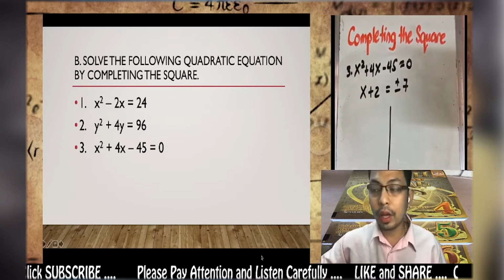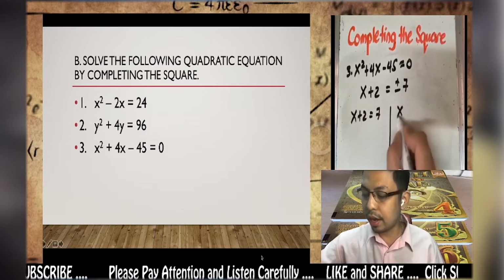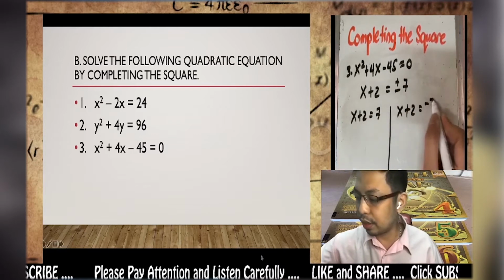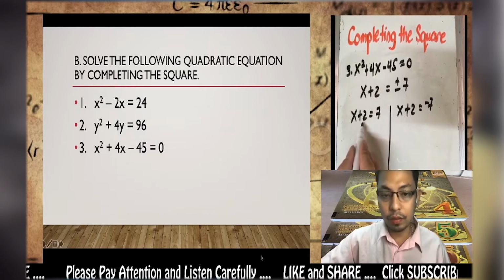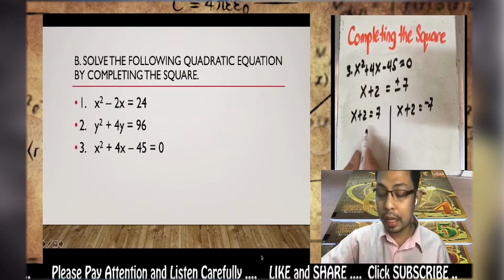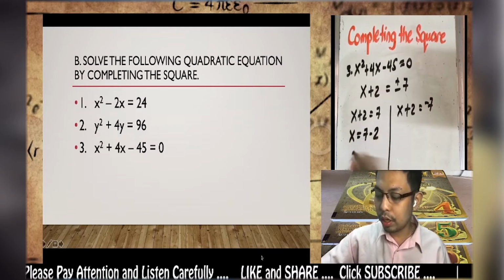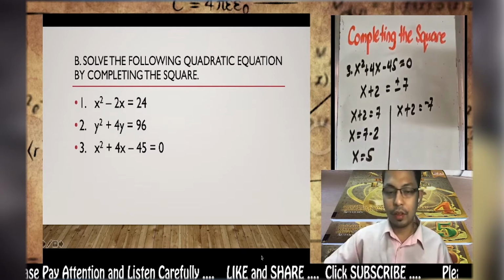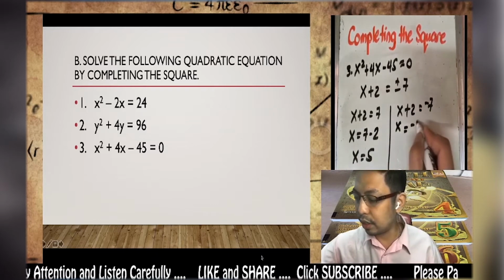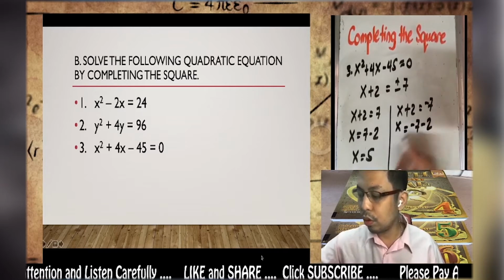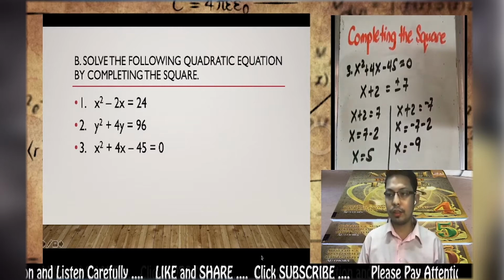We have two equations. x plus 2 is equal to 7, and x plus 2 is equal to negative 7. Transpose positive 2 to the other side, it will become negative 2. x is equal to 7 minus 2, x is equal to 5. That is the first root. Second root, we have x is equal to negative 7 minus 2. That will give us x is equal to negative 9.